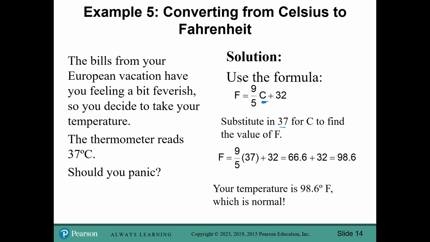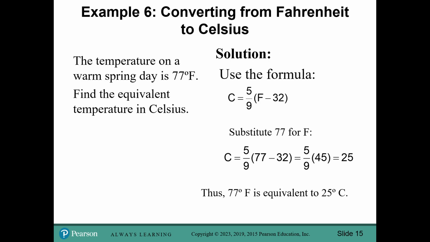So 9/5 times 37 gives me 66.6, plus 32 gives me 98.6. So your temperature is 98.6 degrees Fahrenheit, which is normal. Shouldn't be worried. We were able to convert from Celsius to Fahrenheit. 37 degrees Celsius is the same thing as 98.6 degrees Fahrenheit.